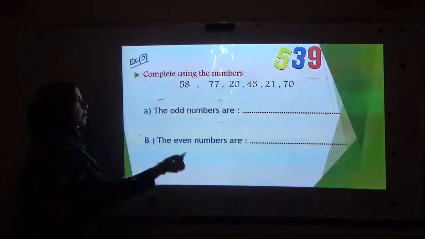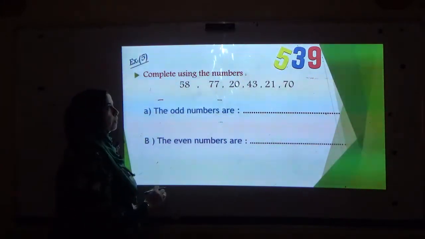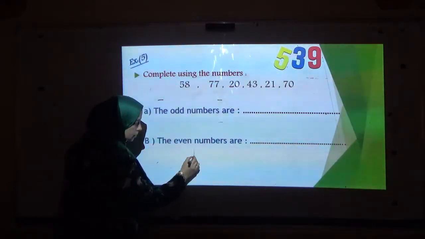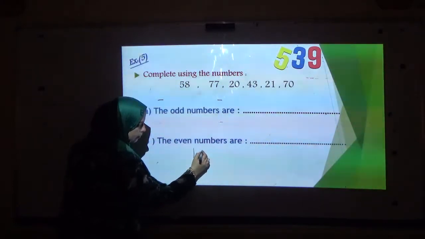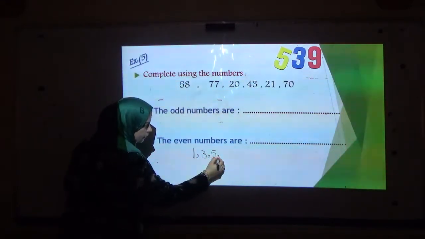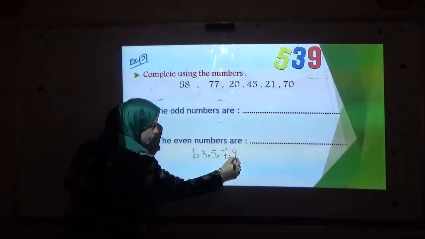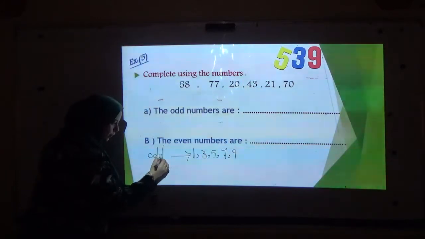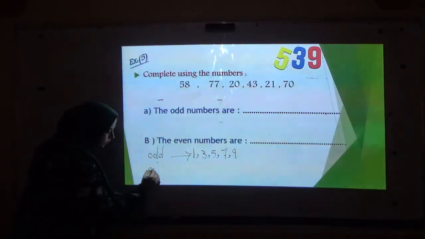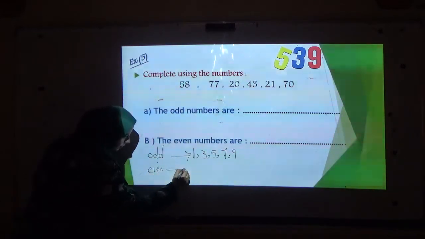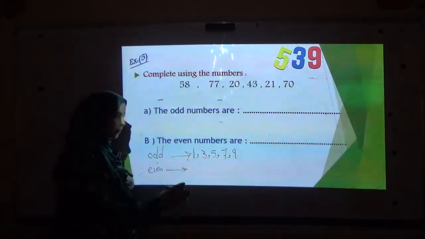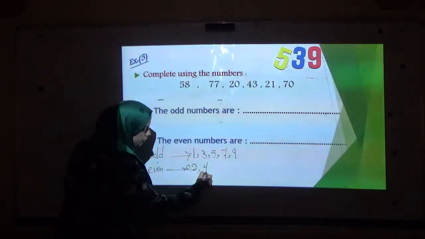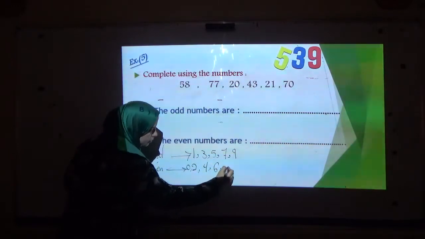A number whose ones digit is 1, 3, 5, 7, or 9 is an odd number. An even number has ones digit of 0, 2, 4, 6, or 8.